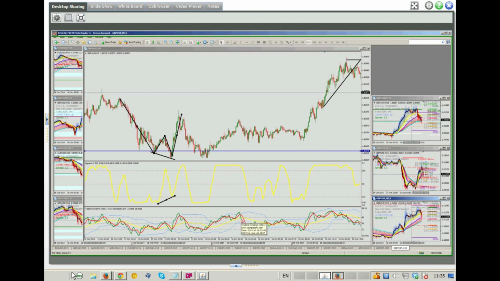Just confirm it by looking at your green Laguerre crossing the red and the yellow. Trade, simple. I wish I had this TDI when I first started trading. It would have made a big difference for me. And that might be the best thing for people to do, is trade the yellow Laguerre if it's too confusing.